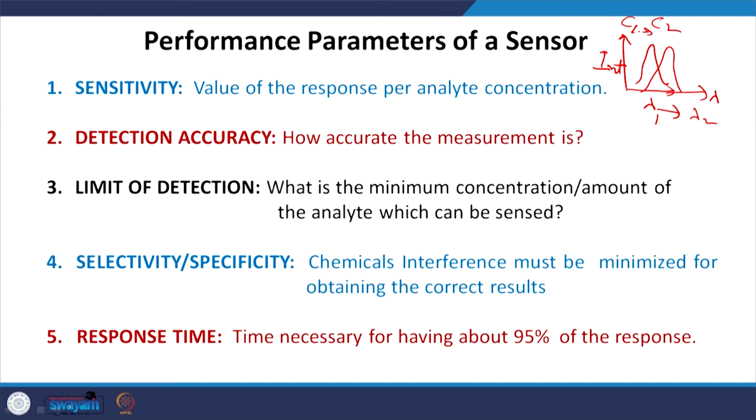Let us say this is my sensor. So, if I plot with concentration, you have concentration here and lambda 1 and lambda 2. I call it lambda resonance at 1, lambda resonance at 2. So, this is lambda resonance and I see that it is changing like this. C1, C2, C3, you have lambda 1, lambda 2, lambda 3.